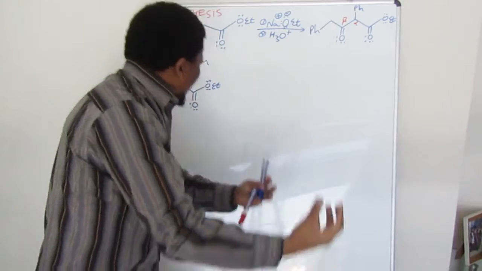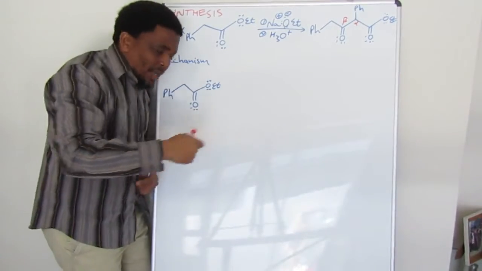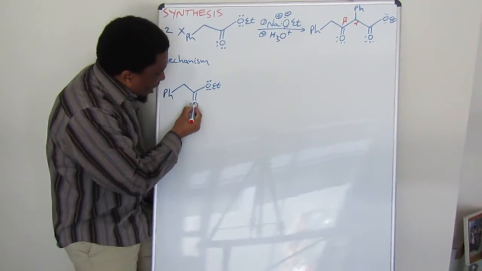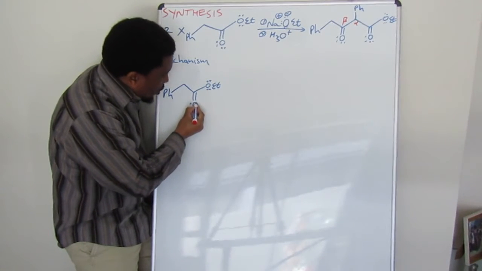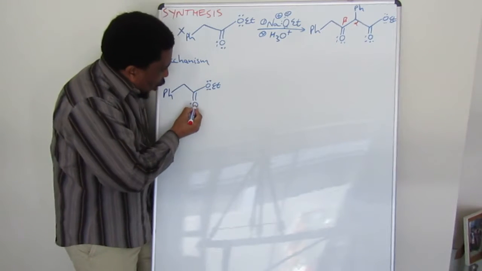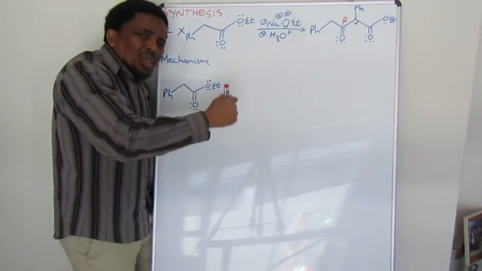For example, if I look at this here, what is it that I see? I see this oxygen atom. Now, I know that oxygen in the periodic table is much more electronegative than carbon.